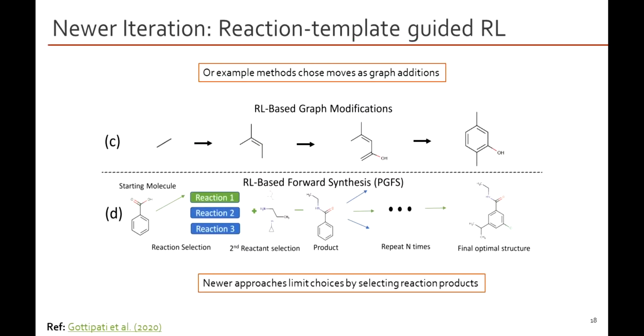So these have shown two different common routes for building molecules that emerged a few years ago, but there have been some additional improvements on them since, such as this forward synthesis space policy gradient approach, where instead of allowing any kind of atom to be added, they only allow additions to a molecule that follow known reaction pathways.